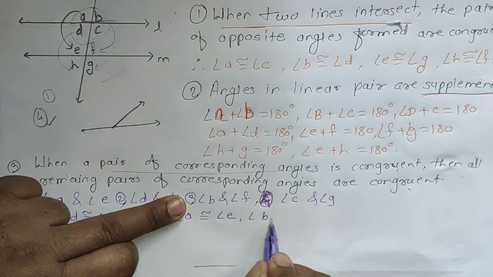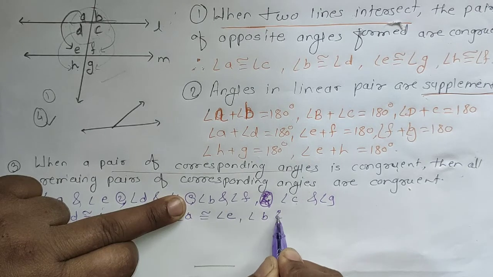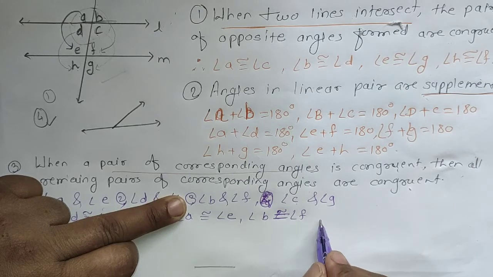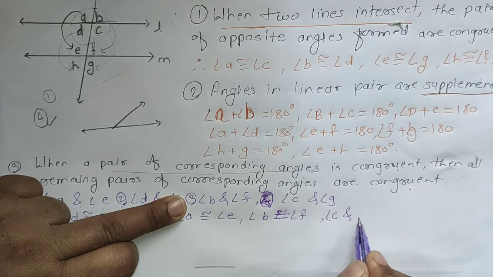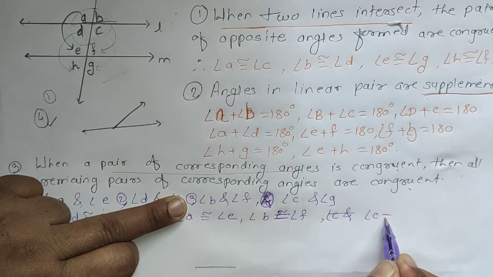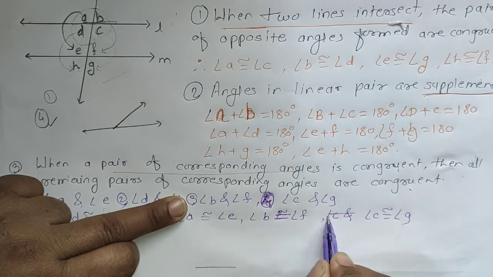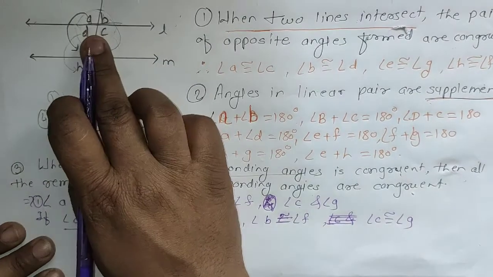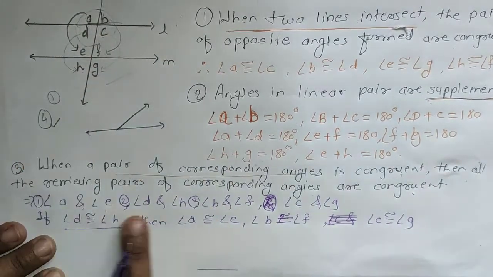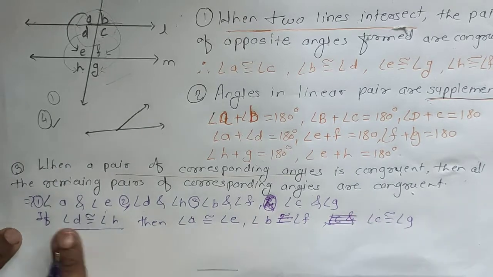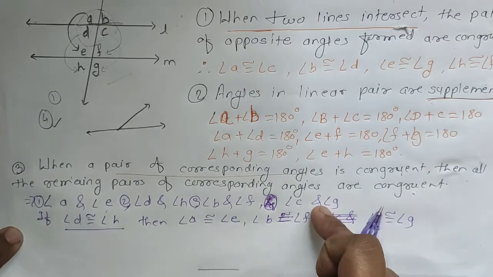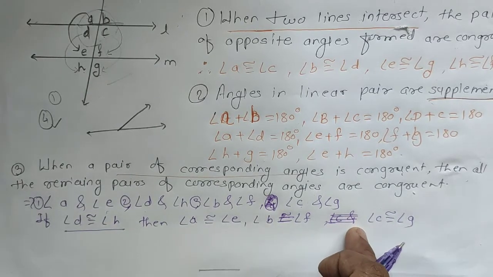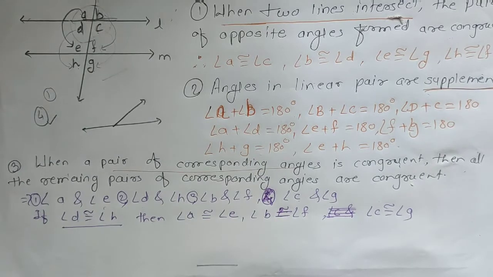Angle B is congruent to angle F, and lastly angle C is congruent to angle G. Okay, so this key thing we have to keep in our mind. When out of these four pairs of corresponding angles, if one pair, any one, is congruent, then the remaining are also congruent to each other. This is the third important property.